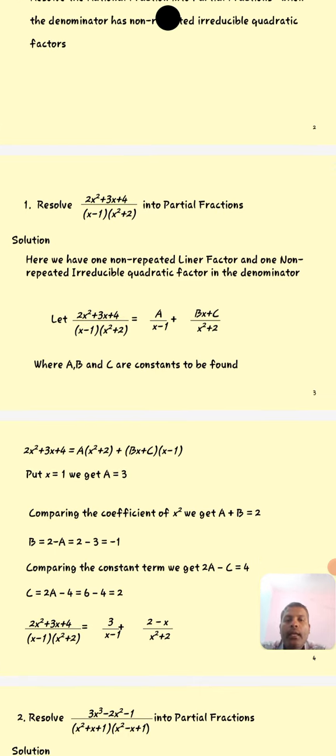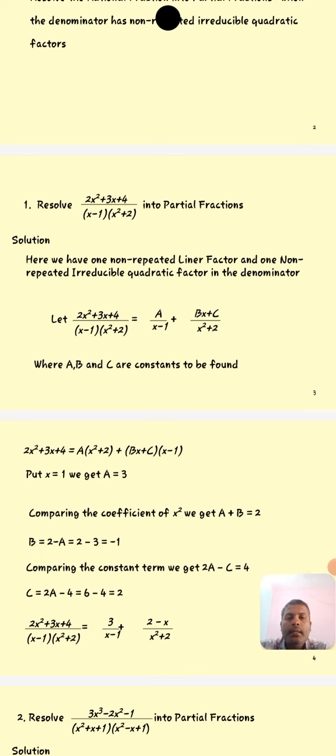Here a, b and c are constants to be found. We have to find the a value, b value and also the c value. Now we do the LCM part.